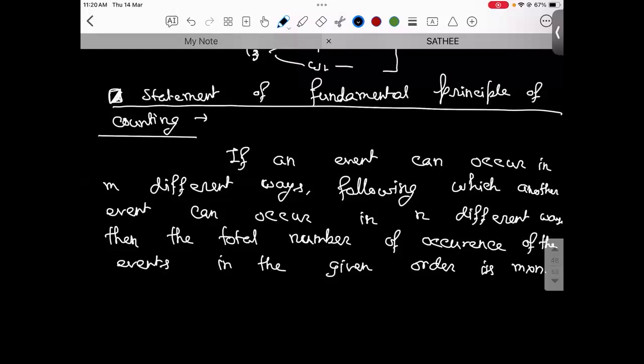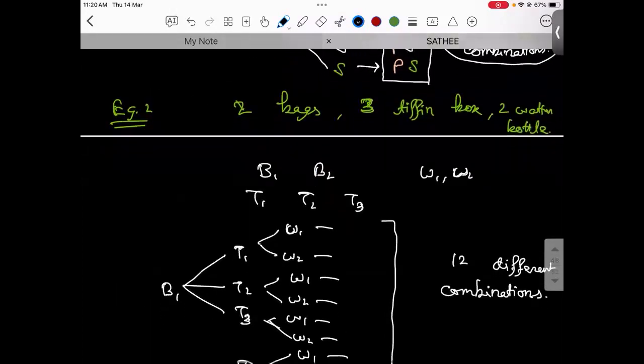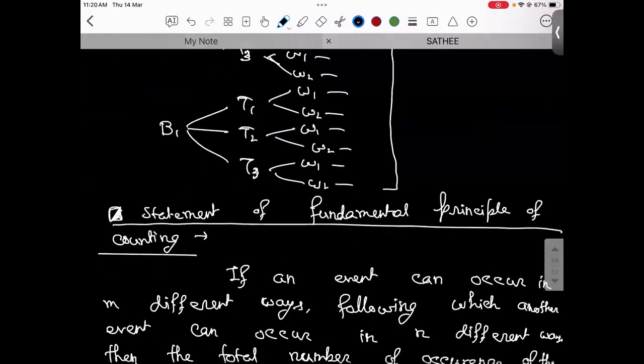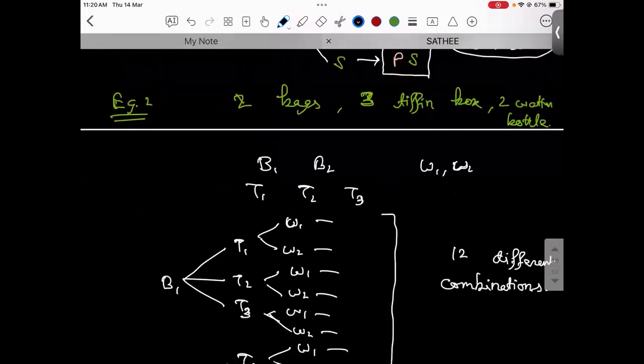Clearly the first event was choosing the bag, and following this we have a choice of 3 different tiffin boxes. The choice of tiffin box followed the choice of bag, and the choice of water bottle followed the choice of bag and tiffin box.